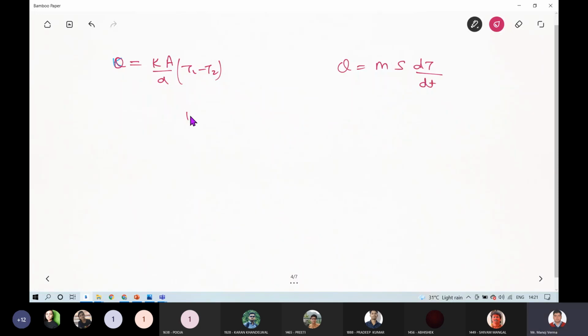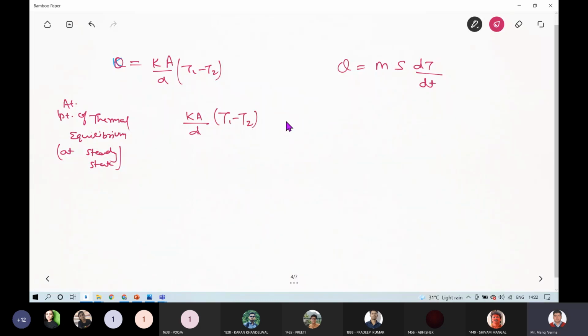So if I relate these expressions, it will become like this. You must write this equation at the point of thermal equilibrium only, or you can say at steady state. Steady state is a condition when the temperature of both thermometers remains constant with respect to time.